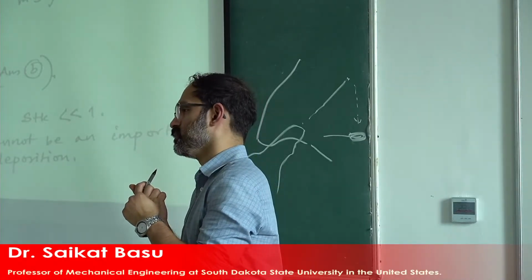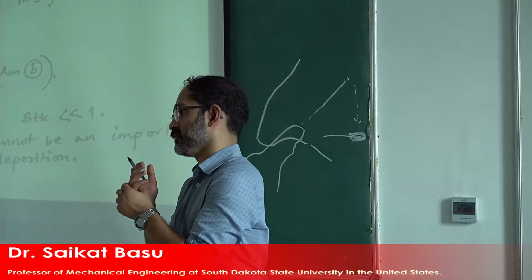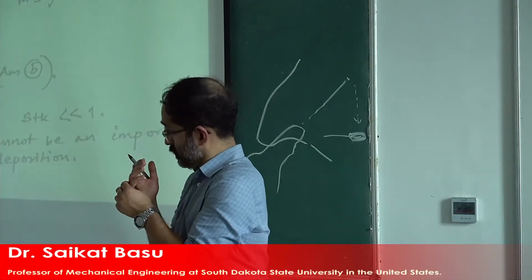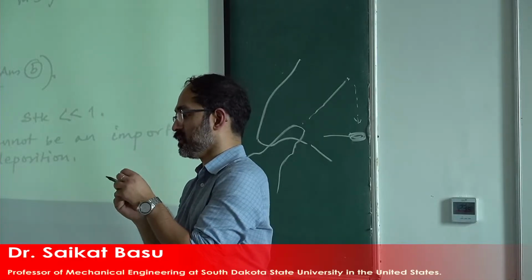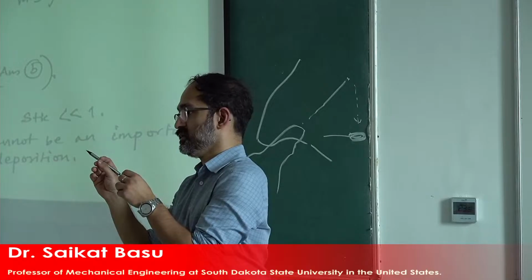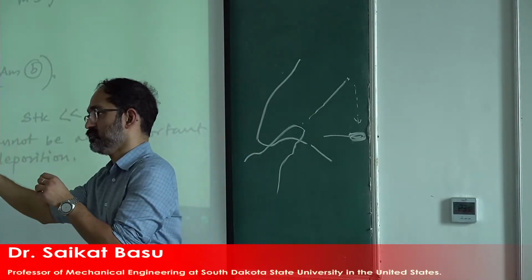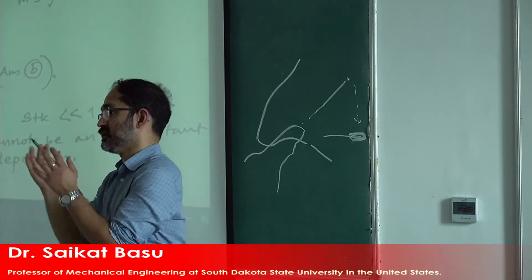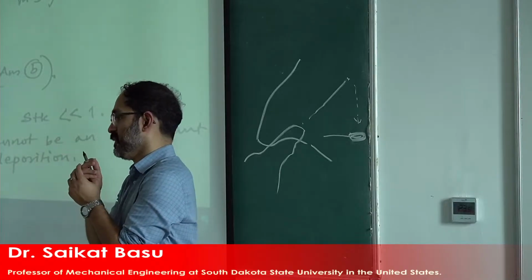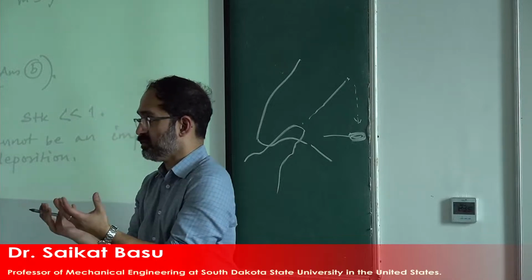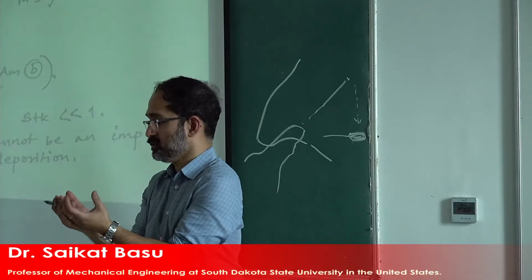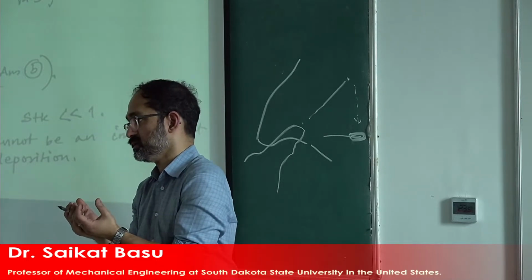Otherwise it won't go inside. 0.5, that will definitely go inside. Most of them will go, but some 2.5 micron particles, based on the particle trajectory, can still deposit somewhere and nothing is stopping them from depositing. But 2.5 micron is still something, right? So there will still be some deviation from the flow.